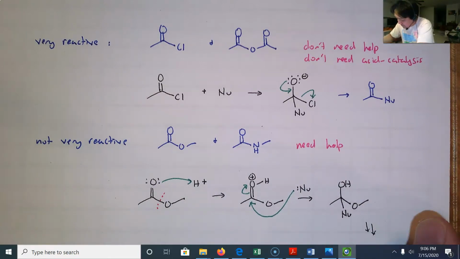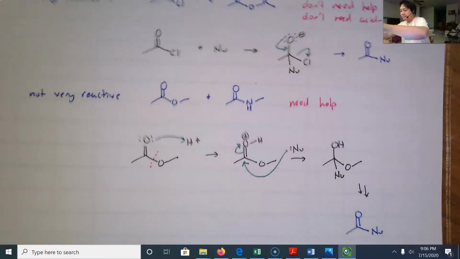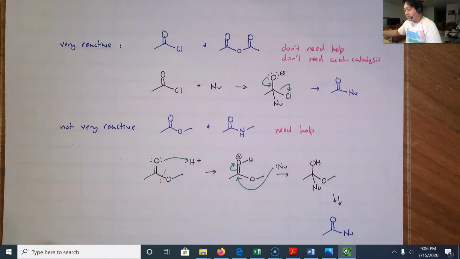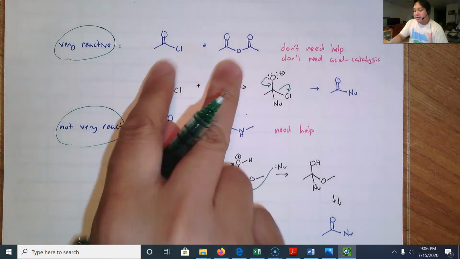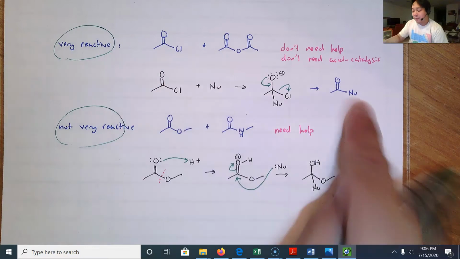And it's similar to what we have here. It's just a different pathway. Those are the two pathways. Let's remember that acid chlorides and anhydrides are very reactive. You don't need help.